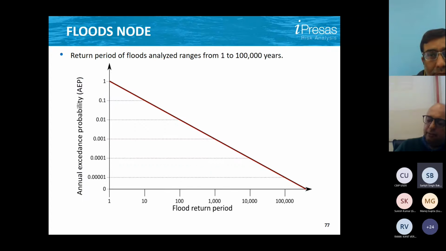Another thing, return periods. Because we had paleo flooding and a supposedly very detailed hydrological study, the return period ranges from 1 year to 100,000 years. Remember or write down that the whole range of known hydrographs spans to 100,000 years.